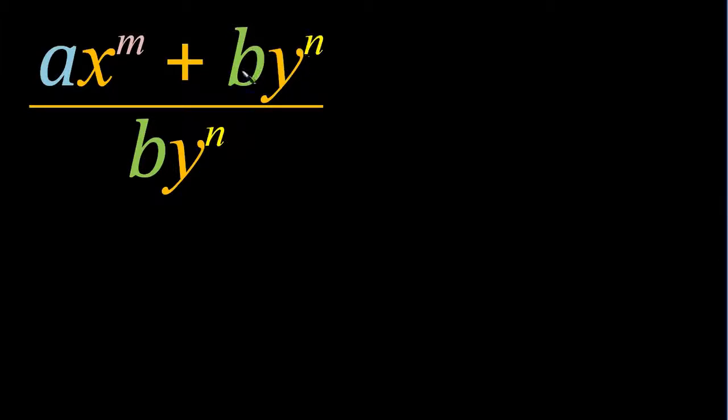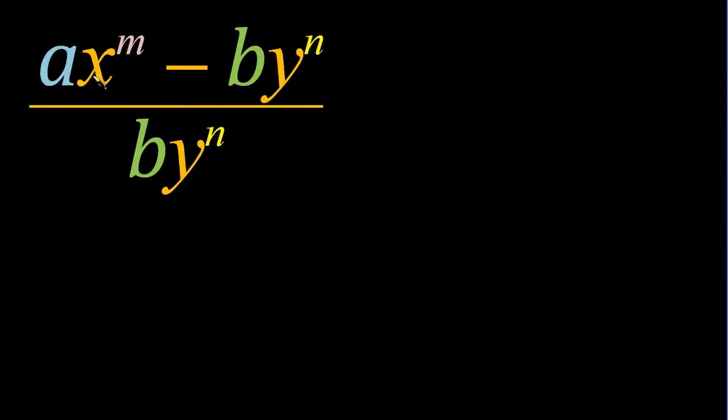So the value is not as it appears here. It must be increased or decreased by ax to the power m, which is why you can't cancel. Now, this would apply, of course, as well if this was a negative, so either plus or minus. If it was multiplying, then yes, you could start sorting things out, because this then would be a scalar. It would be scaling this. But no, it's actually changing the value up or down, and so that's why you can't simply cancel these two expressions. Unless a equals b.